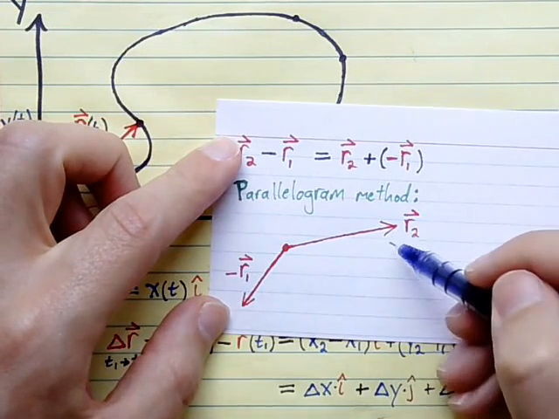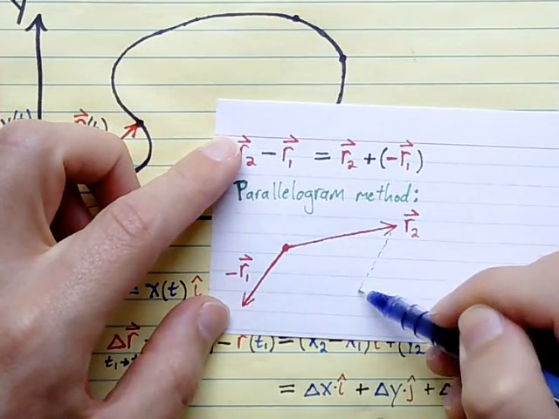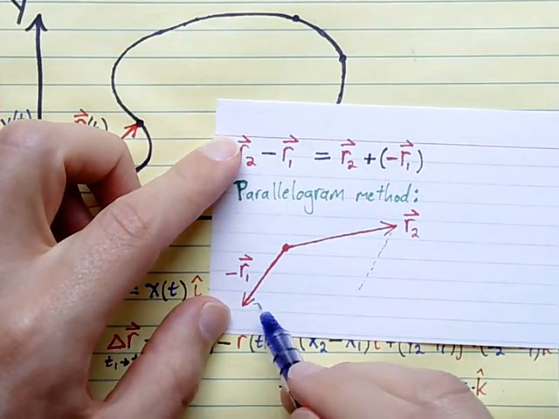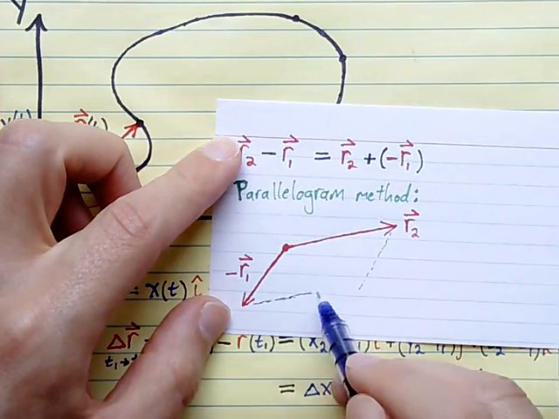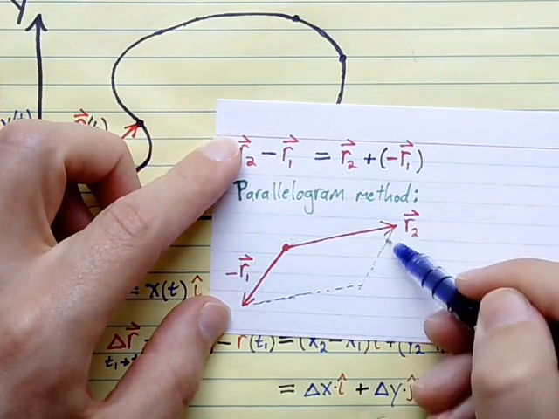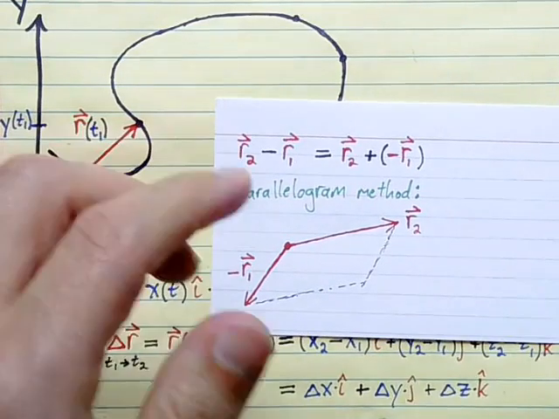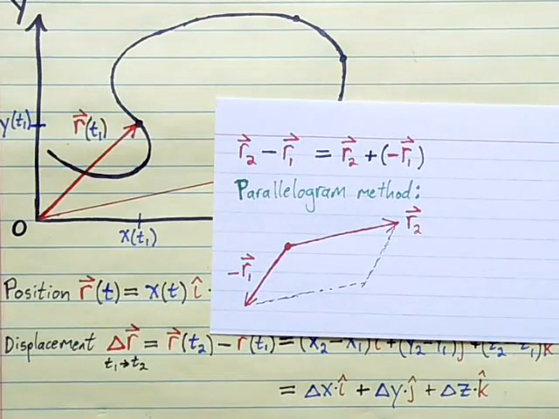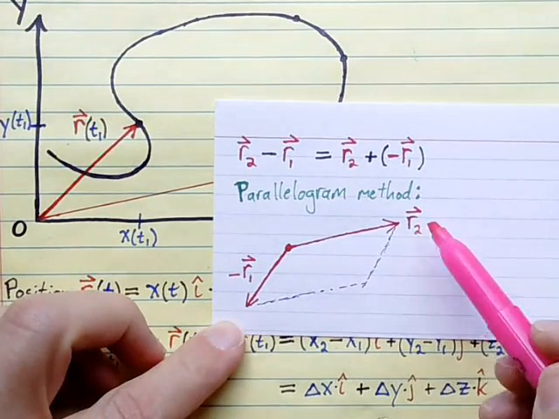So let's see. I'll need a side parallel to R1 and a side parallel to R2. There's our parallelogram.